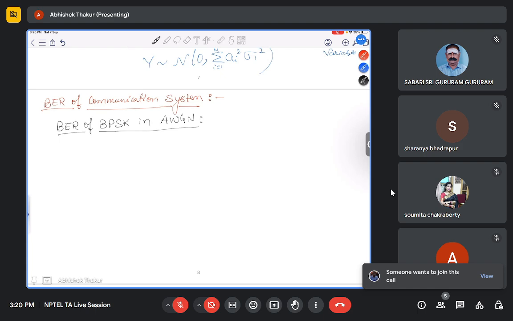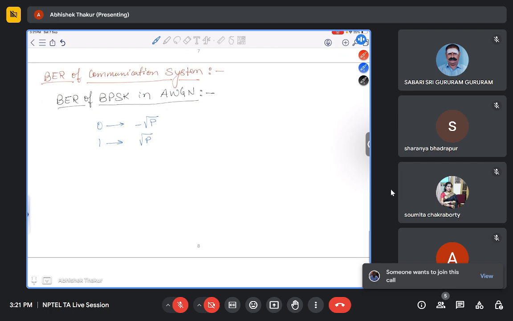Let's suppose symbol 0 is represented as minus root P and symbol 1 as root P. So these are the BPSK symbols, transmitted to denote the information bits 1 and 0 respectively. The system model is described as given.